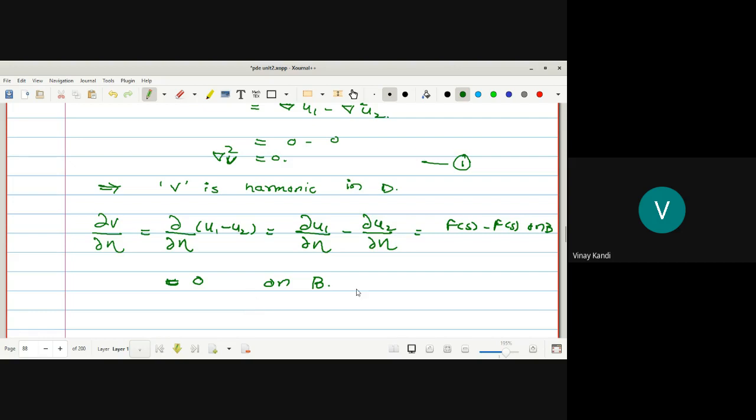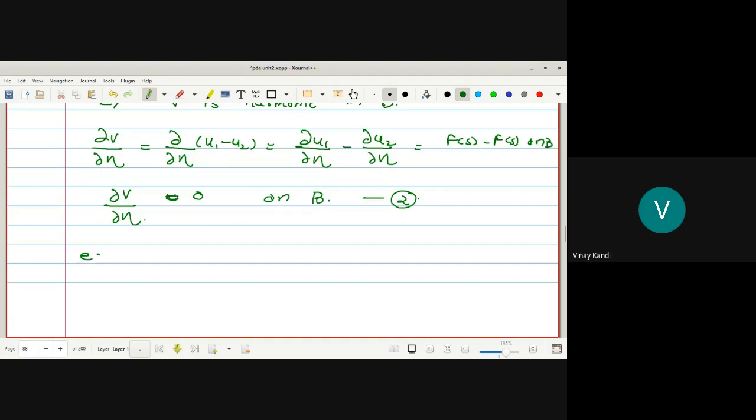So this is the value of dou V by dou eta. Okay, so this shows that equation 1 and 2 show that V is harmonic, V is a harmonic function, and dou V by dou eta is equal to 0 on the boundary B. Okay, any doubt up to here?